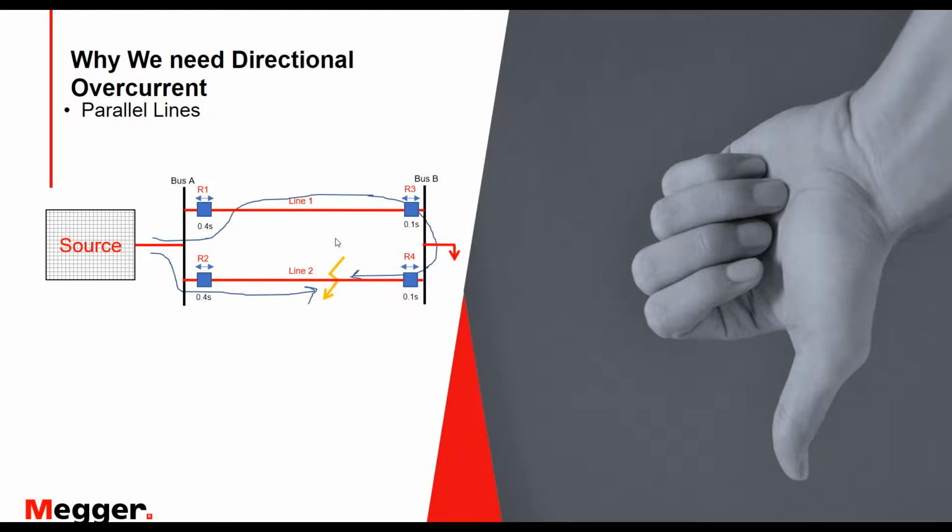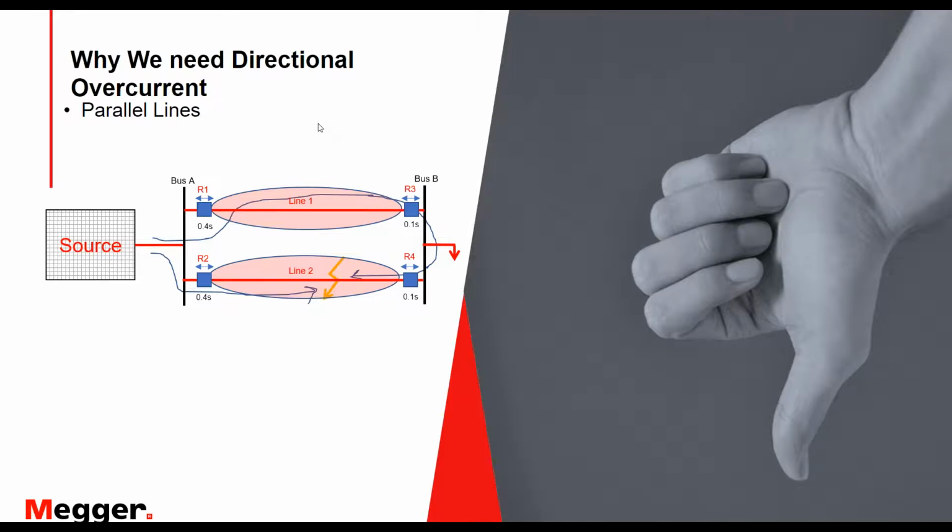And in this case, you will have relay 2, relay 4, and relay 3 all operate because they are non-directional, and thus you lose both your lines, line 1 and line 2. Even though line 1 is a healthy line, it doesn't have a fault, but because you have time settings to coordinate between relay 1 and relay 3, this misperformance happened.